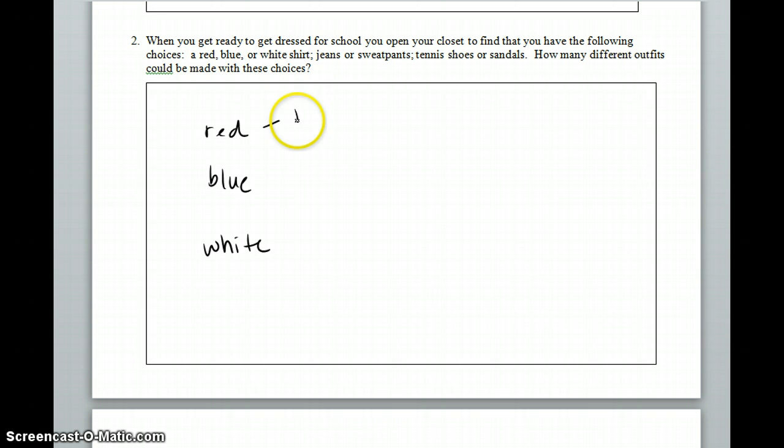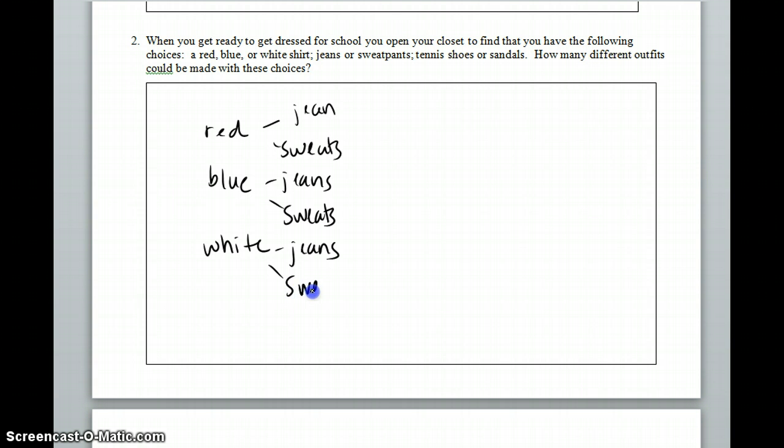So we have jeans and sweatpants, jeans and sweats, and jeans and sweats. Okay. And then for shoe choices, we have tennis shoes or sandals. So I'm just going to say shoes and sandals for each choice.